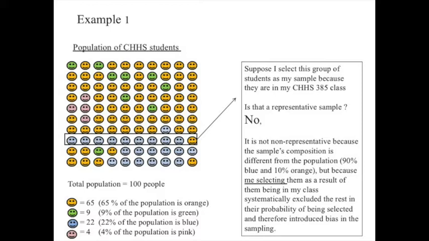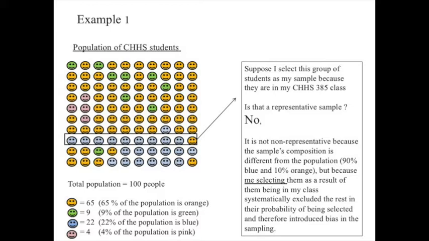Well, by selecting only the students that were in my class, I was introducing bias, right? Because I was including some elements in a systematic way and excluding others. I was excluding all the students that were not in my class, and including only those that were in my class. So it is not representative.